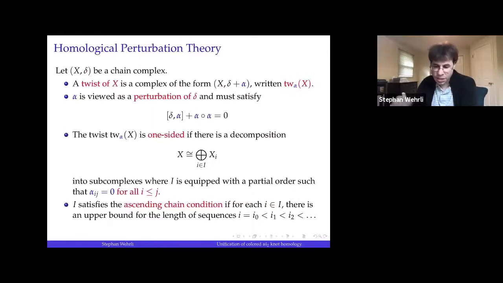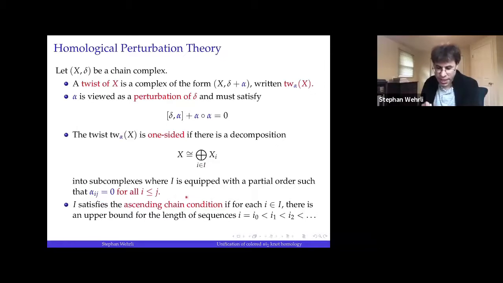Now, such a twist is called one-sided if the original complex has a direct sum decomposition into subcomplexes such that all differentials in the perturbation go in one direction, in the sense that they are strictly increasing with respect to some partial order. We assume that these Xi are indexed by some index set I, which is a partial order, and the twist is one-sided if all terms in the perturbation strictly increase the partial order.